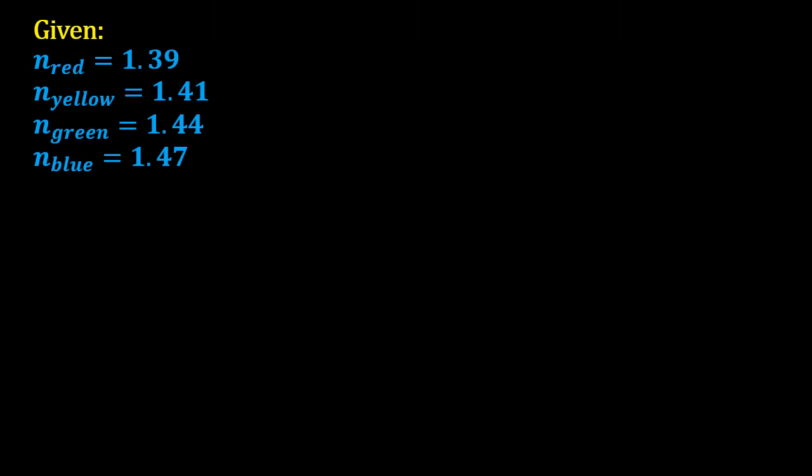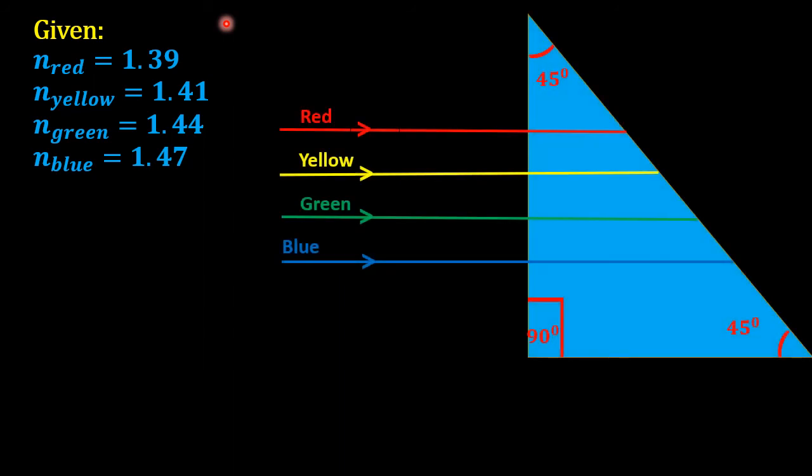Also in the question it will be given the refractive index for the different colors of light, so this value may vary. Here the refractive index for red is 1.39, for yellow 1.41, for green 1.44 and for blue 1.47. The first thing that we have to do is find the angle of incidence.